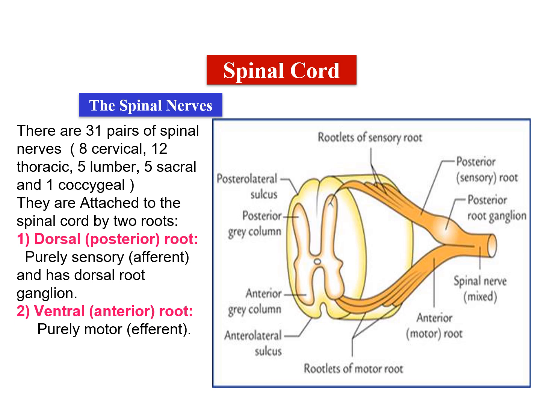The dorsal root, present posteriorly on the diagram, is purely sensory, so it is called afferent nerve fiber and has a dorsal root ganglion. The ventral root, present anteriorly, is purely motor, so it is called efferent nerve fiber.